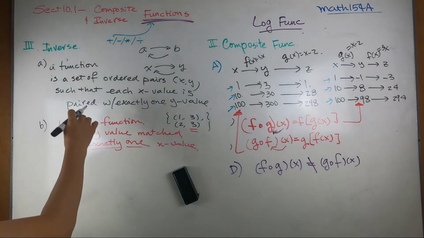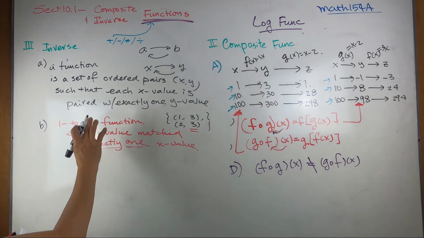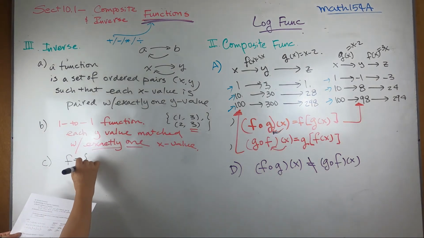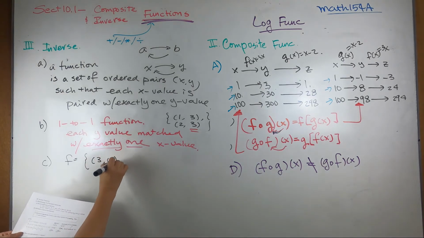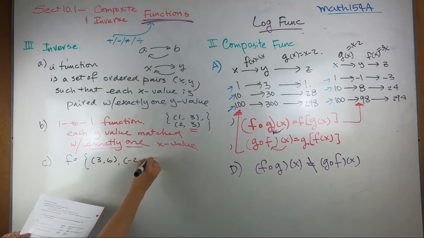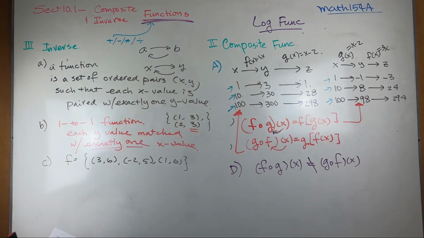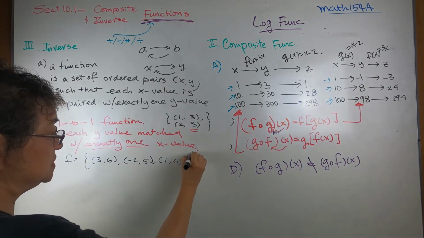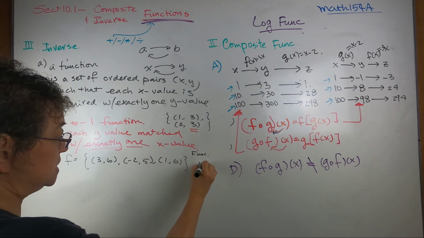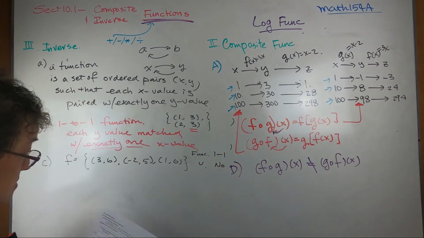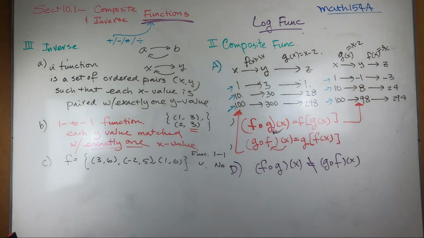So let's identify this first before we talk about inverse function. If my f is (3, 6), (-5, -2), (5, 1), is this a function? Yes. Is this one-to-one? No. It's not one-to-one, it's two-to-one.